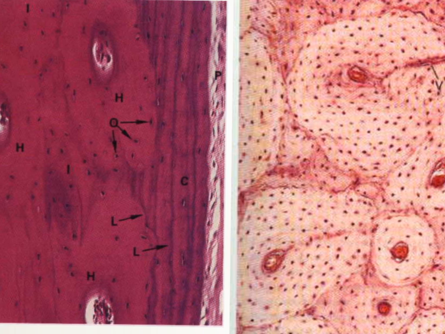A circle surrounding this area is the Haversian system or osteon. The areas in between the Haversian systems, here or there or there, are called interstitial lamellae.